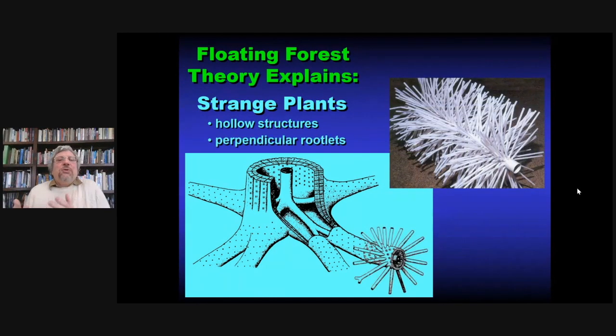But what was pointed out by Joachim Scheven was not so much that. He didn't understand what the aerenchyma tissue was actually doing, what its purpose was. But it was odd to him that these structures were in fact hollow, and that the rootlets on these root-like structures left the roots at 90 degrees to the root, so they didn't branch out.